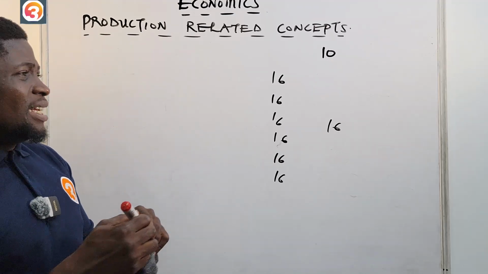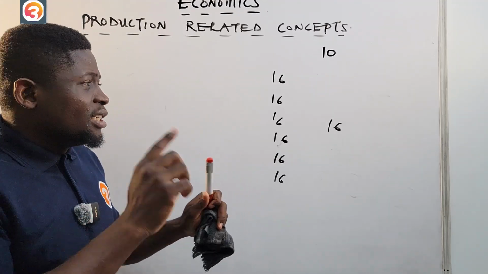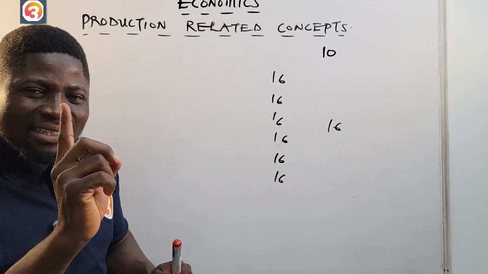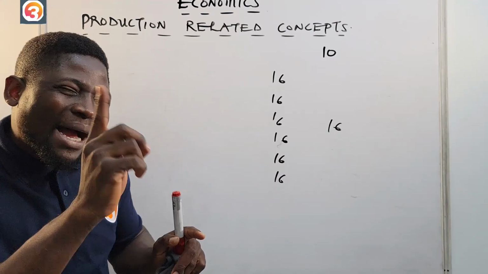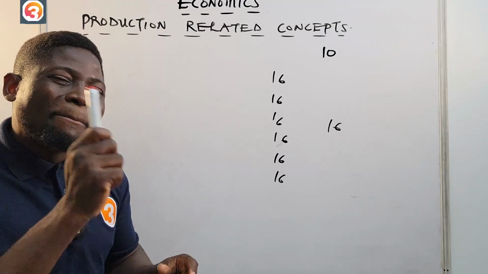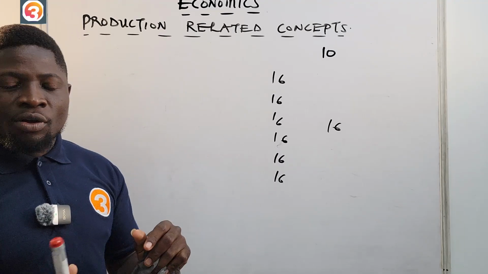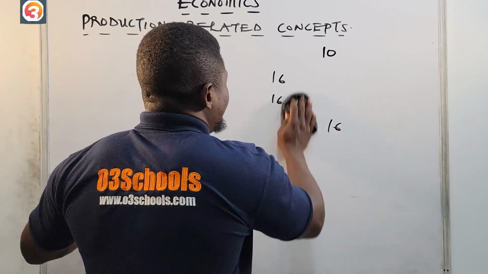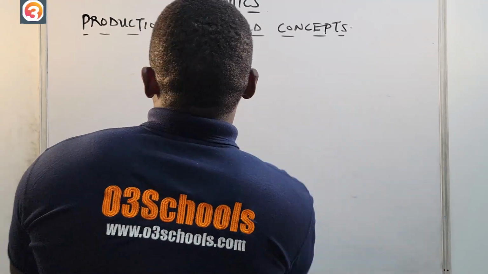That's the score you are getting per unit, per subject. The average is the score you are getting per subject, which is 16. So that is average product.